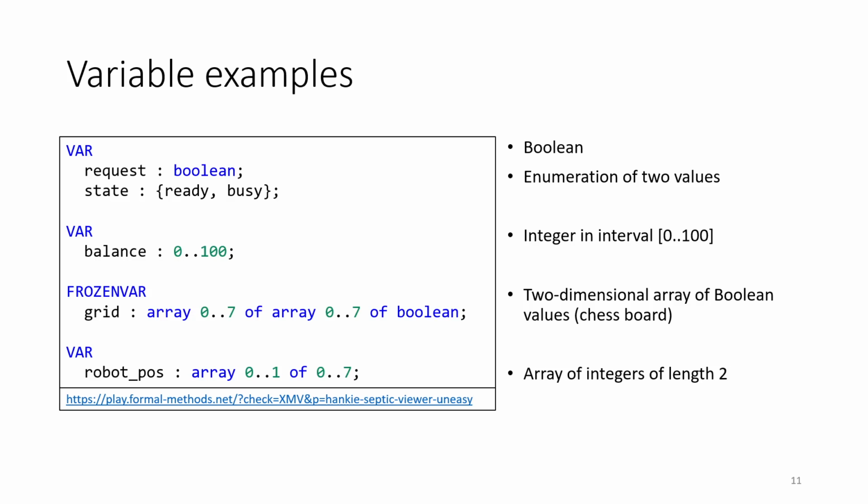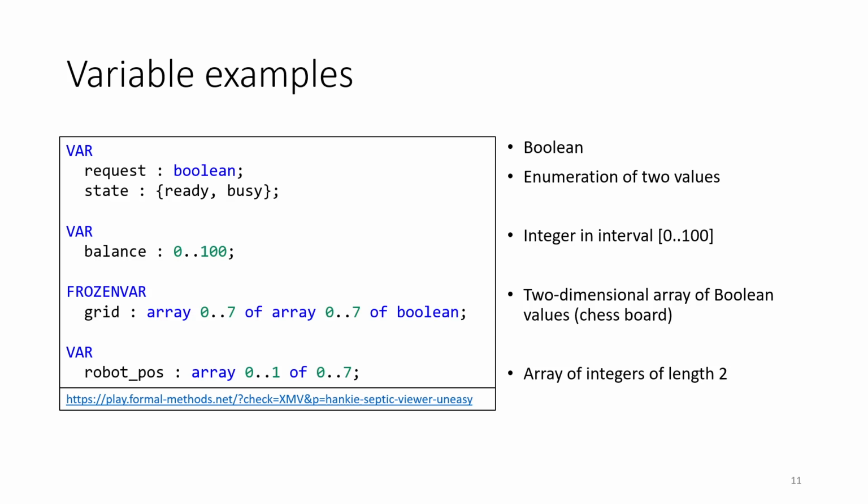And then we can have a higher dimensional array where the second dimension can go from 0 to 7 again. And the type of each element in the array is Boolean. So we basically have an array from 0 to 7 of arrays from 0 to 7 of Booleans.